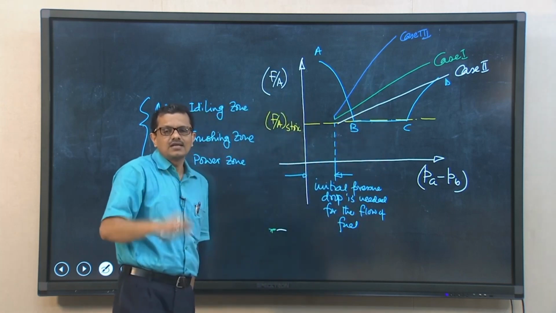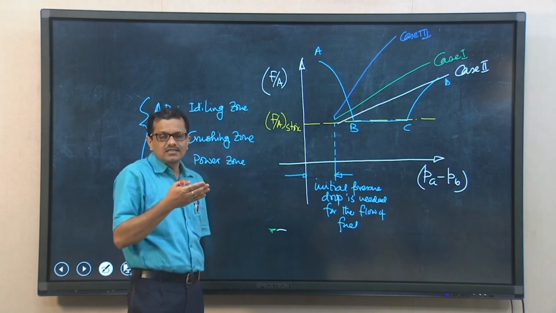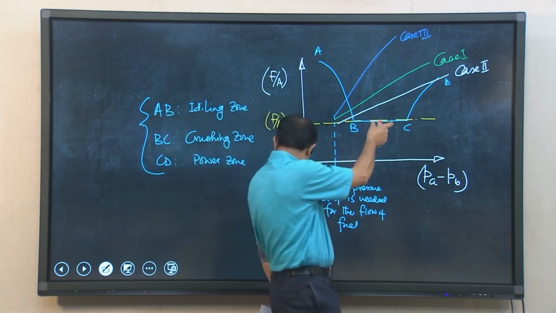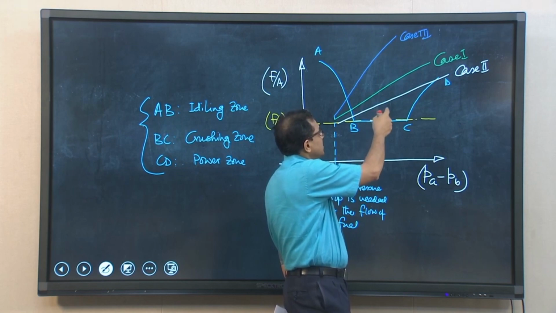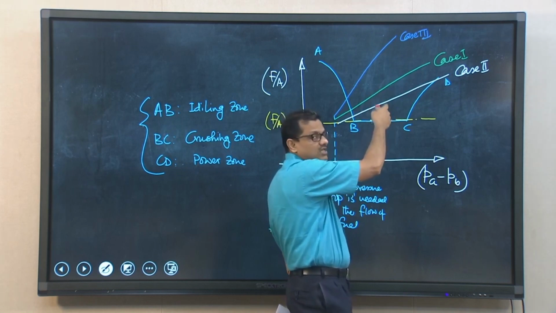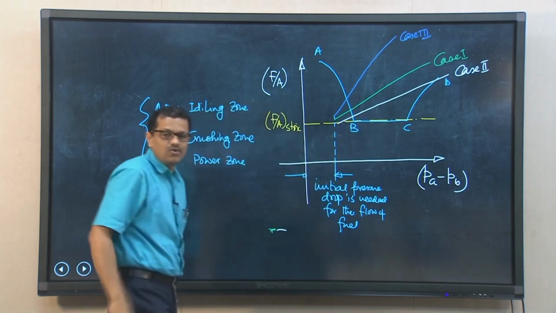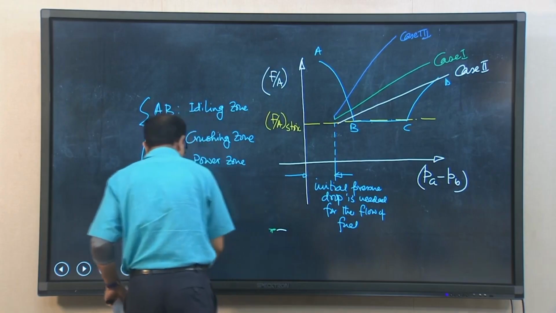So, these two lines are coinciding, that means this equivalence ratio is almost 1. So, at this particular stage the equivalence ratio is 1, but what we can see in either case 1 or case 2 or case 3 is that the equivalence ratio is increasing. So, this is again one of the limitations of the simple float type carburetor. Okay.